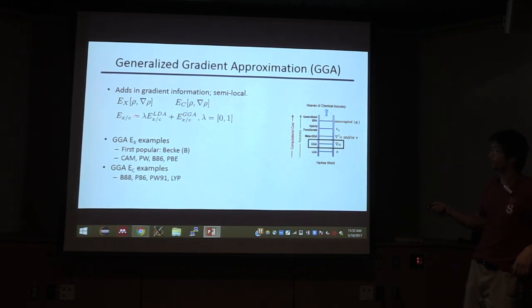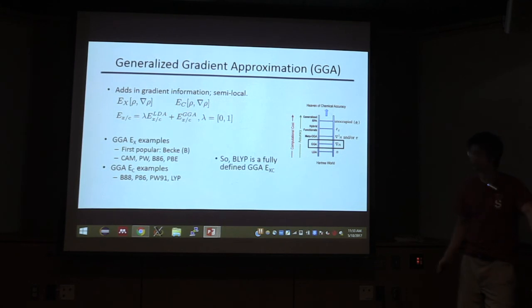They're often built as corrections to a local density approximation functional, or they can just get rid of the LDA term entirely. This will come into play later when we talk about B3LYP. So these are some examples which you may or may not have heard of. BLYP is a fully defined GGA, exchange plus correlation functional.